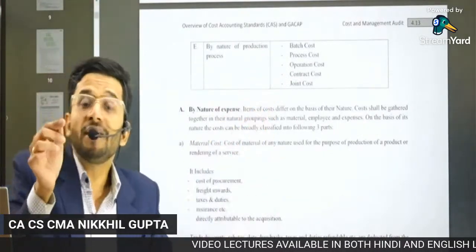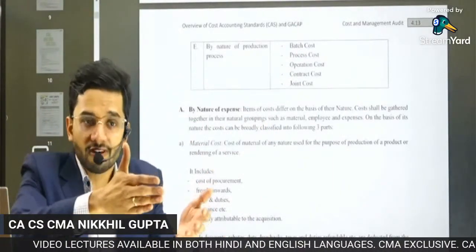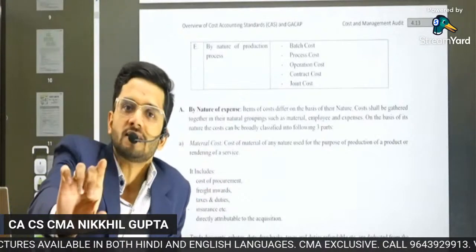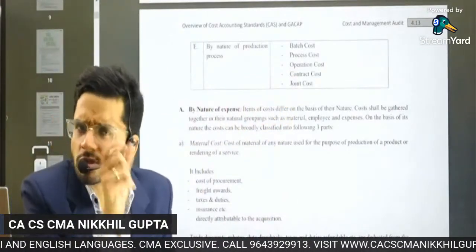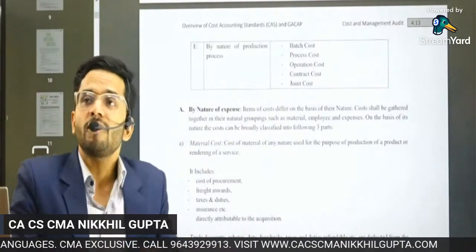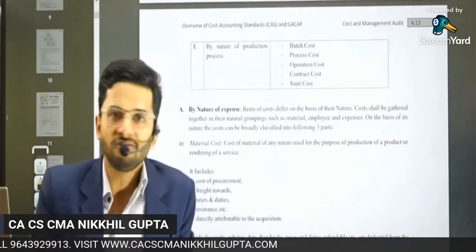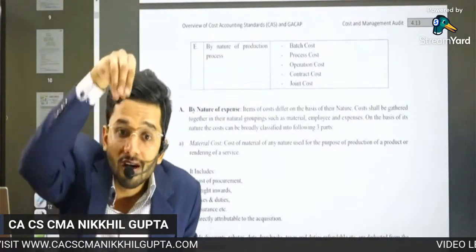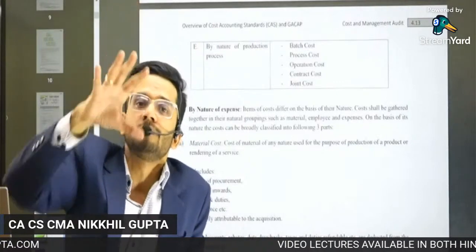Next one is operation costing. Operation costing means that processes are further subdivided into sub-processes, and those sub-processes are known as operations, small operations. For highly technical industries like the laptop, camera and mobile phone industries, we want to drill down to the narrowest level: where is the problem coming from?